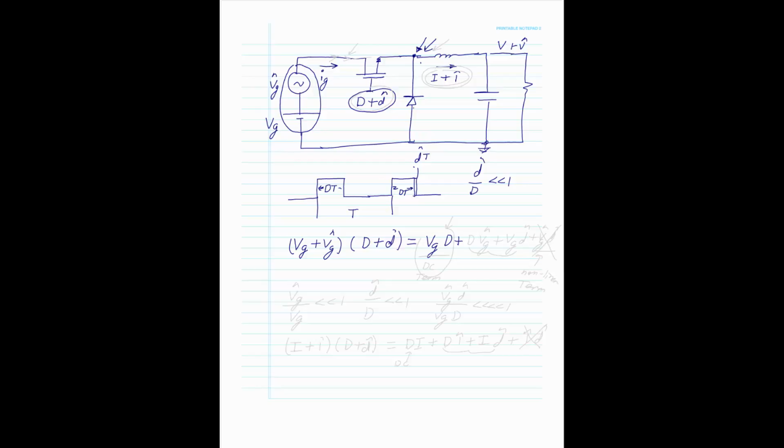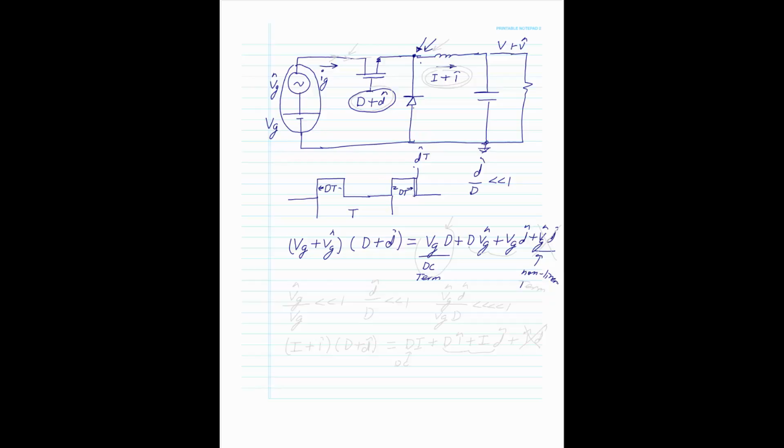You're going to have an inner term that's one AC term, a DC times an AC, plus the second one is going to be VG times D hat, and the last term is going to be VG hat D hat. And this is the DC term, and since this is an AC analysis, we don't want the DC term. This is a nonlinear term.